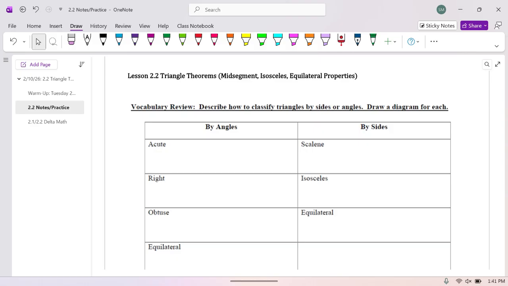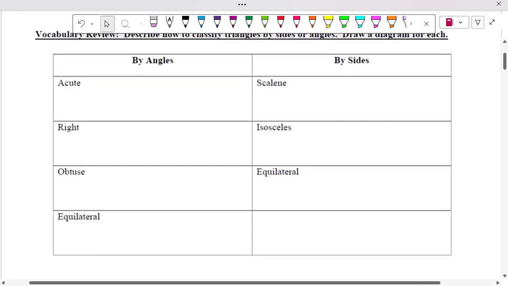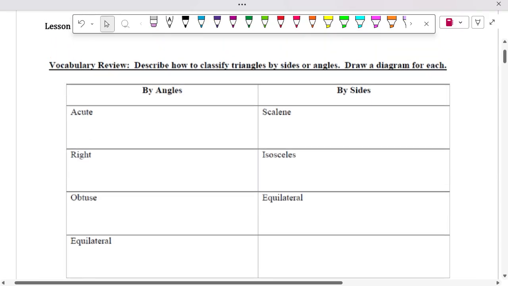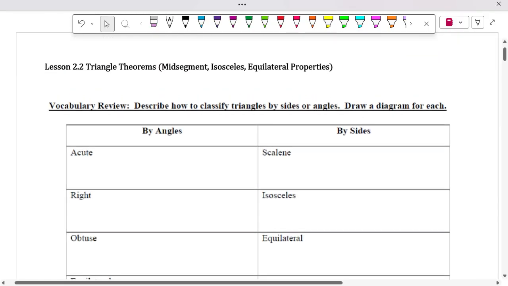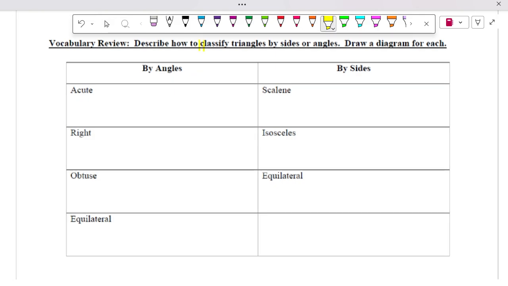All right. So first off, just some more general triangle stuff. Another thing you got to know about triangles is how to classify them. There are 3 main types of triangles: scalene, isosceles, equilateral.